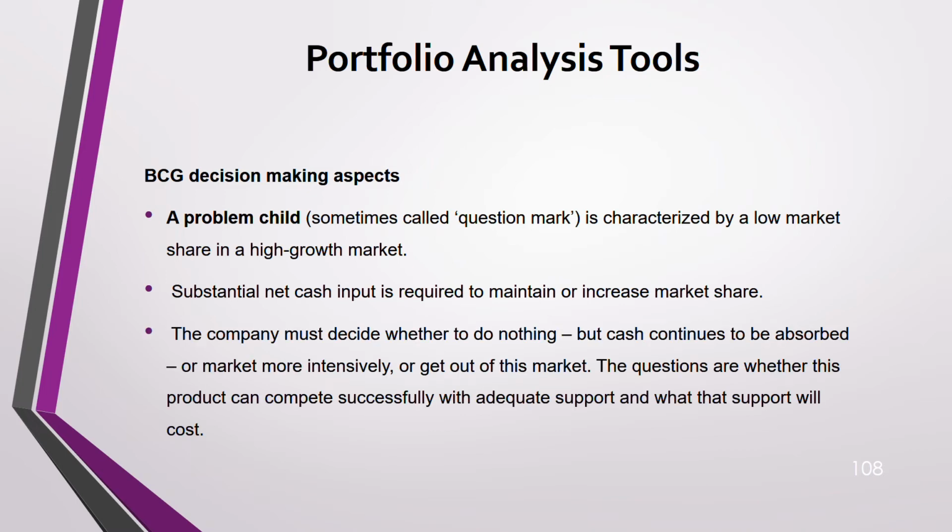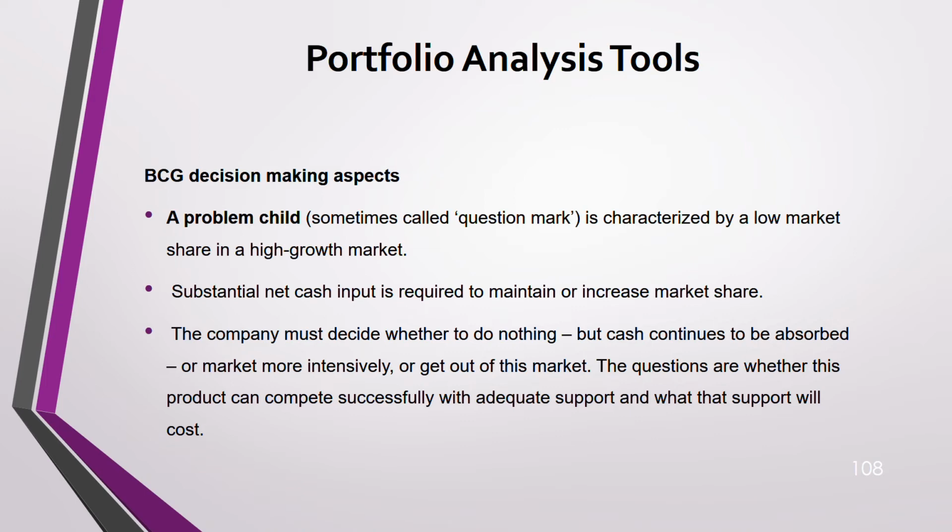So here, the company must decide whether to do something or do nothing. But even if they do nothing, remember, cash continues to be absorbed. Cash will go because you have to invest so much money so that a problem child becomes a star. You increase the market share.